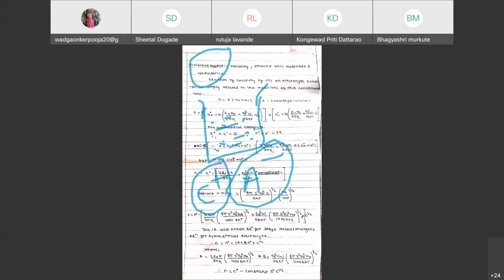Why do we call it mobile? Because it can move from one place to another place. Is it or not?